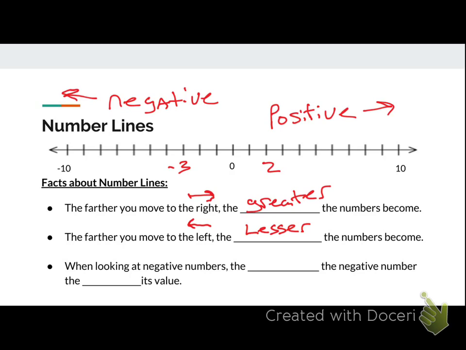When looking at negative numbers, the larger the negative number, the smaller its value. Think about it. Would you rather owe $10 to someone or owe $3 to someone? The owing $10 makes negative 10 smaller than the negative 3.